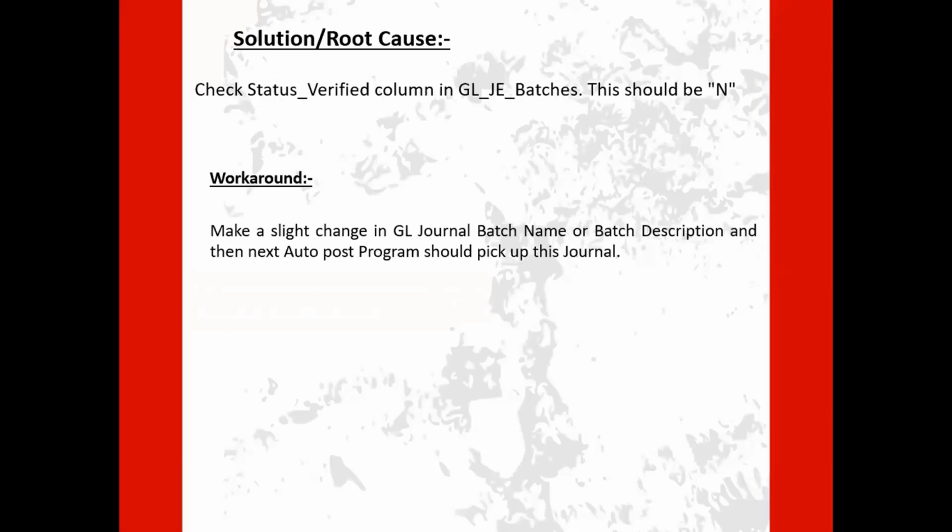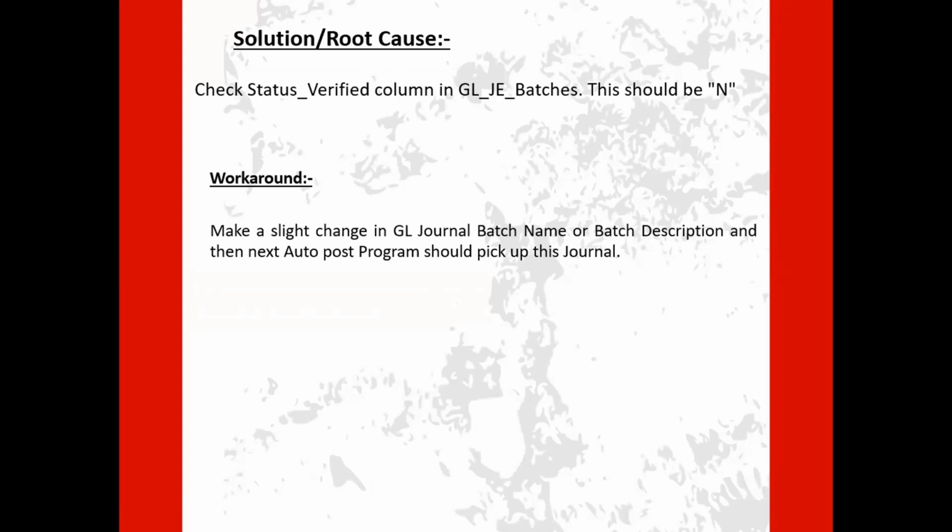Autopost program, whenever it picks up journal entries, picks up all the journal entries wherein in the GLJE batches table, the status underscore verified column, one of the columns in that table, has a value of no. For all the journals which have a value of no, it's going to pick up that particular journal.